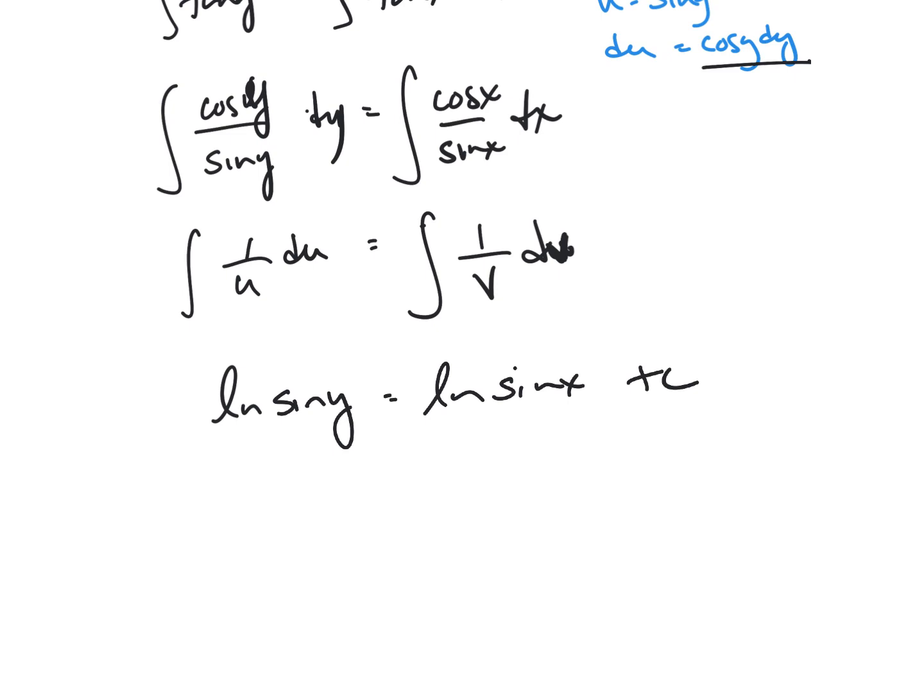Getting rid of the natural logarithm, I raise it to the power of e. I get sine y is equal to sine x times e to the c, which I know is just a constant, so I'm going to make that some constant a.